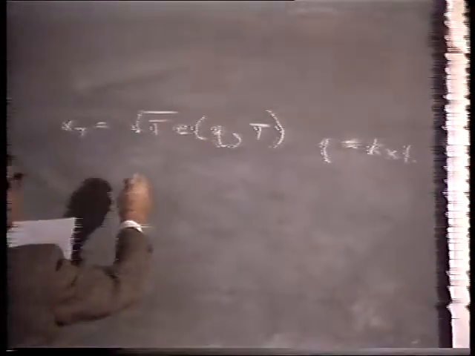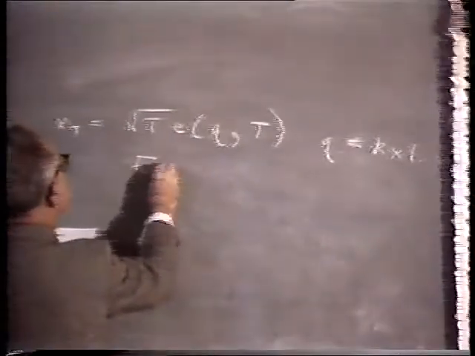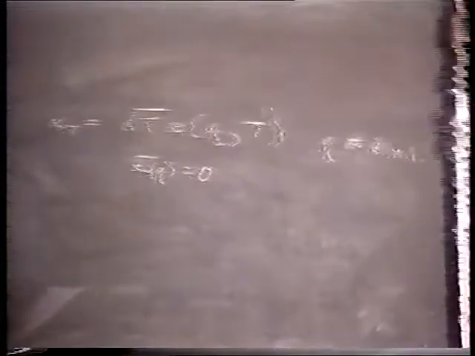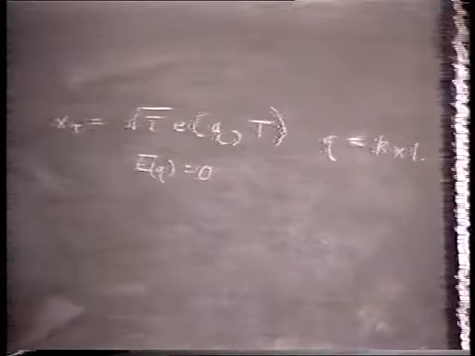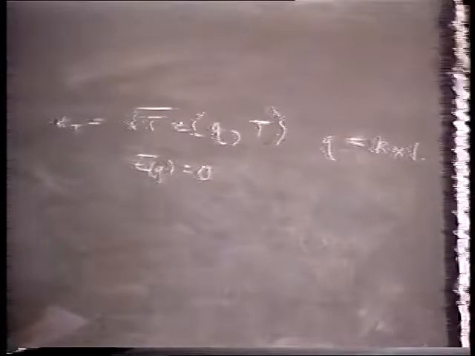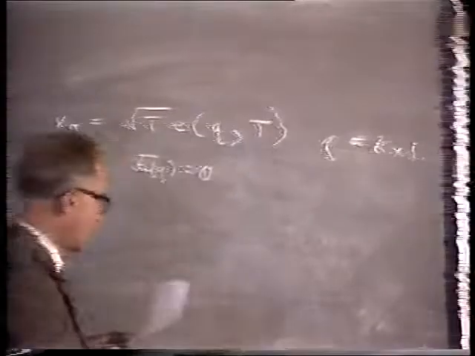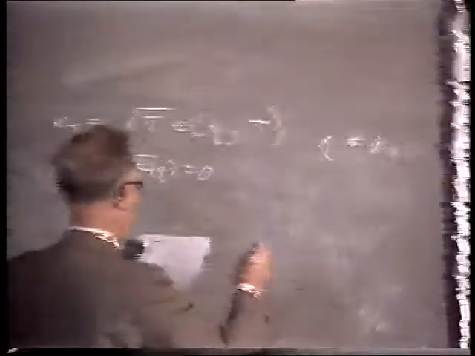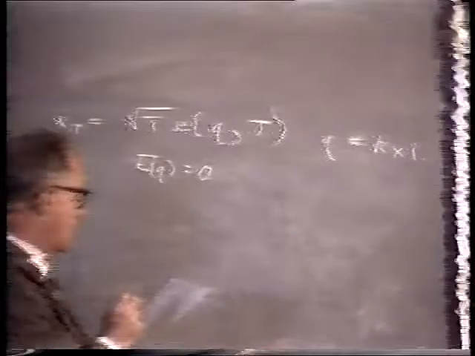What we require is, first of all, that E of Q equals 0, and then that Q has in the limit a normal distribution. Q has an asymptotic normal distribution, which I've already stated.